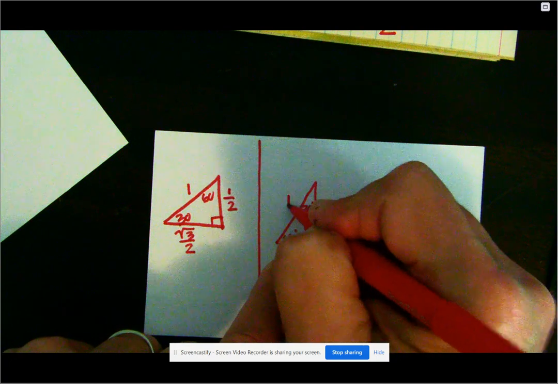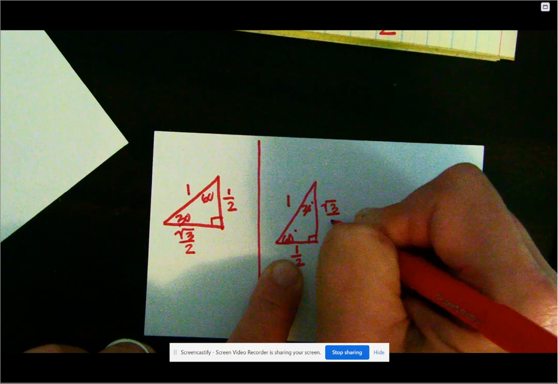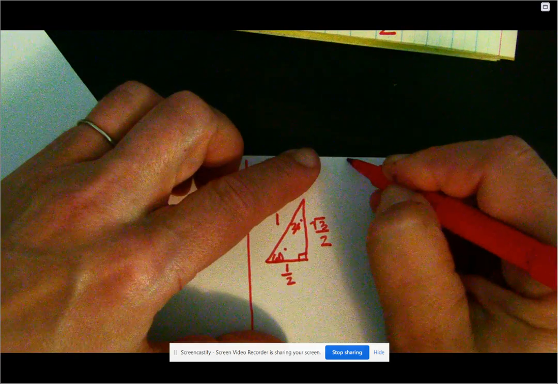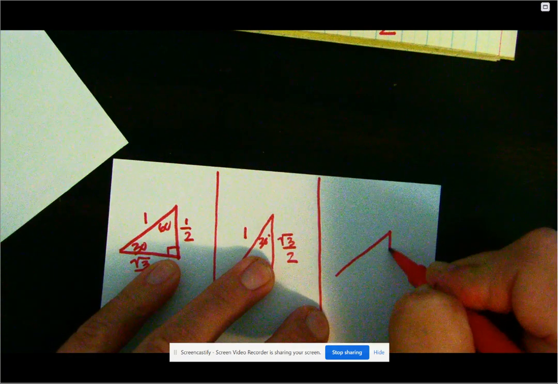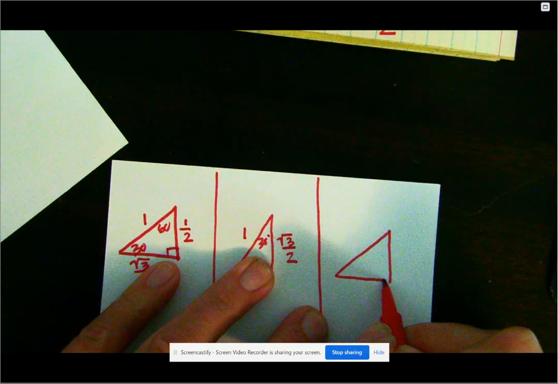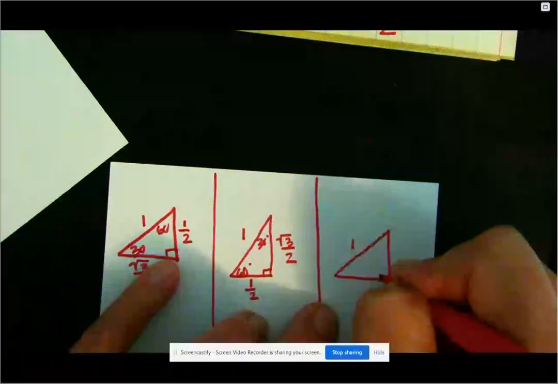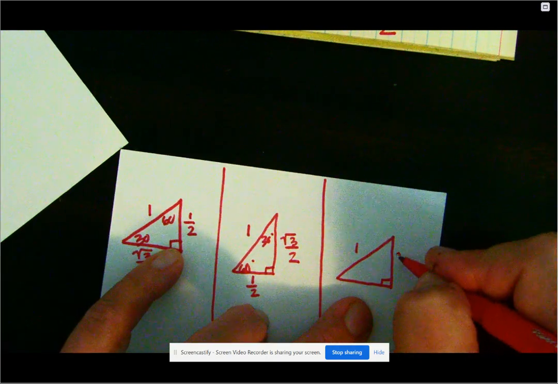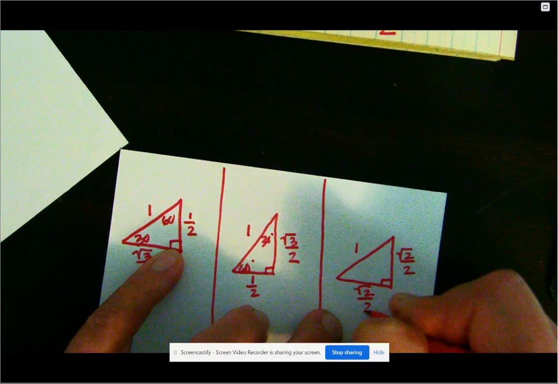Hypotenuse is 1. The short side is 1/2. This is root 3 over 2. And finally, if you have a 45, 45, 90, and you make the hypotenuse 1, these two other sides are root 2 over 2, root 2 over 2.